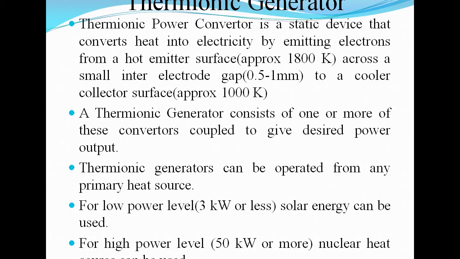Now this thermionic generator can be operated from any primary heat source. Generally for low power level, that is up to 3 kilowatt or less, solar energy can be used, and for high power level around 50 kilowatt or more, a nuclear heat source can be used. So these are the generic terms.